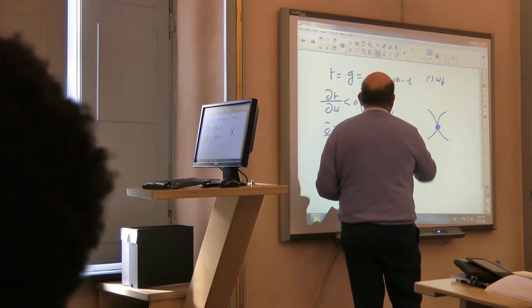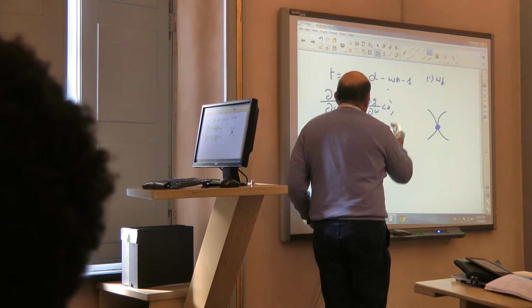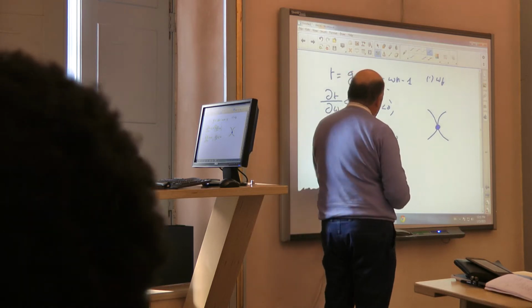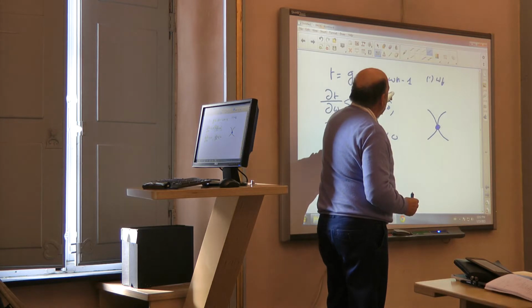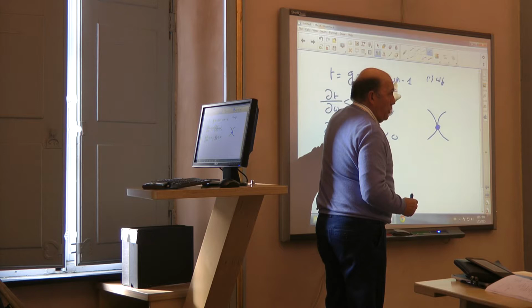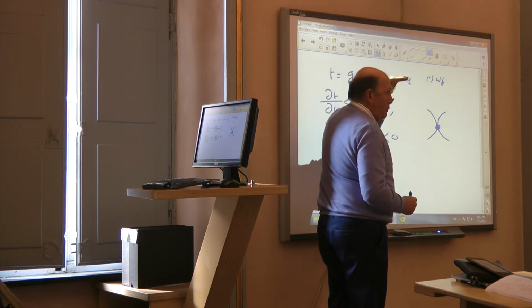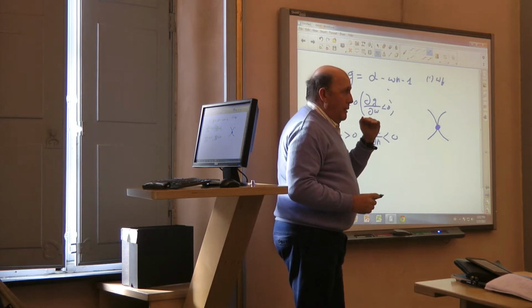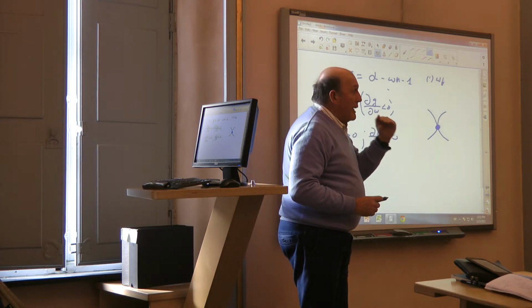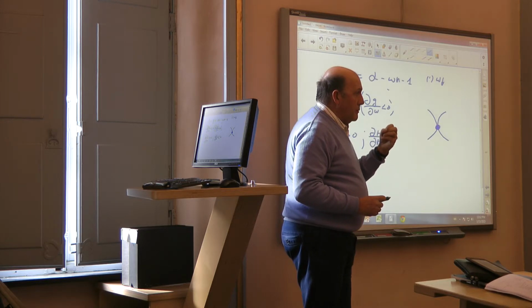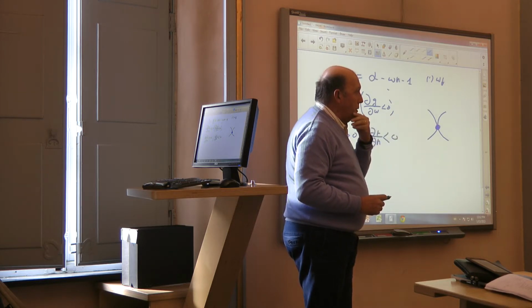So, N comes down, you see the rate of profit goes up because minus variation of N plus, therefore the rate of profit goes up. But a fall in N also means structural unemployment. It means technological unemployment.